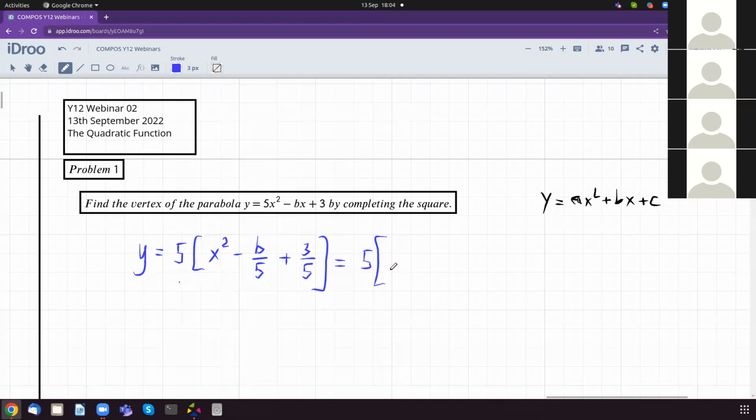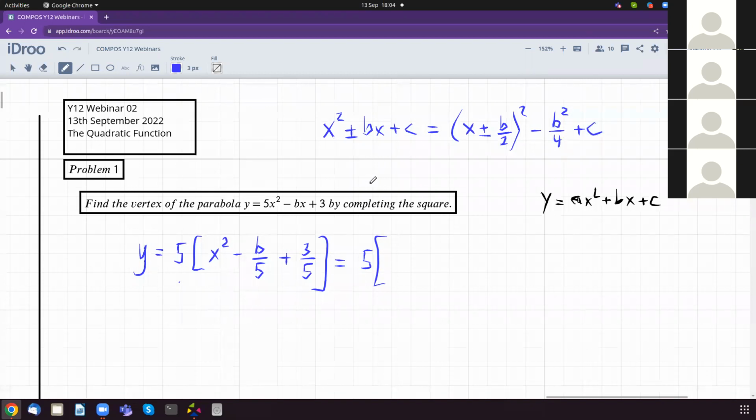To complete the square, there's a formula, and the formula looks like this: x squared plus bx plus c is x plus b over 2 squared minus b squared over 4 plus c.